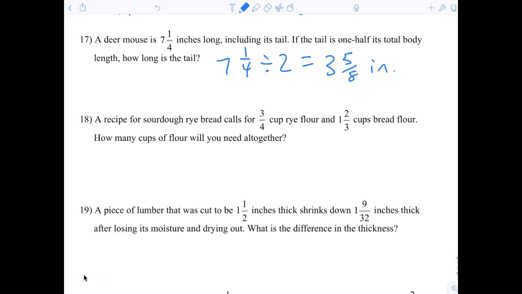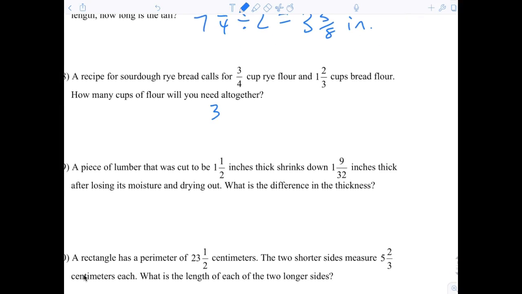Now, it says, a recipe for sourdough rye bread calls for 3/4 cup and 1 2/3 cups. How many cups of flour will you need all together? Carson, what do I do for that? You have to add them. Thank you very much. So it would just be 3/4 plus 1 2/3.